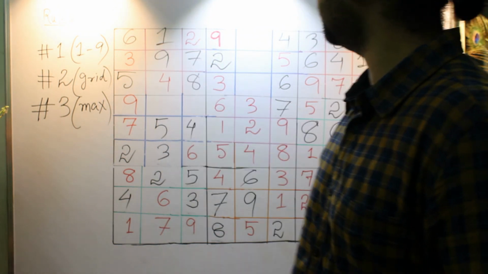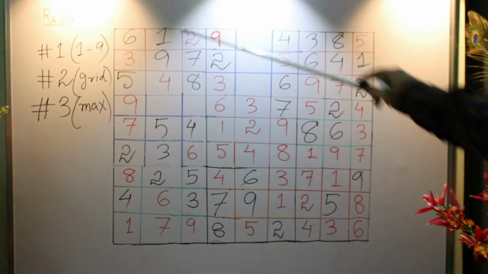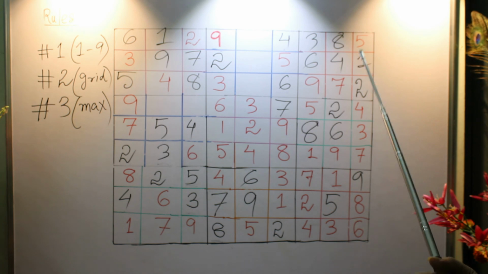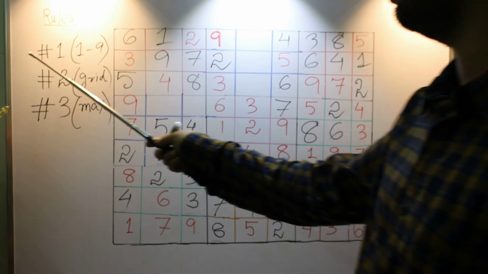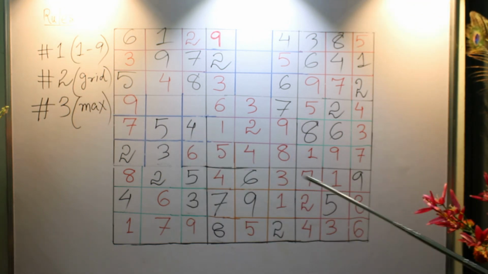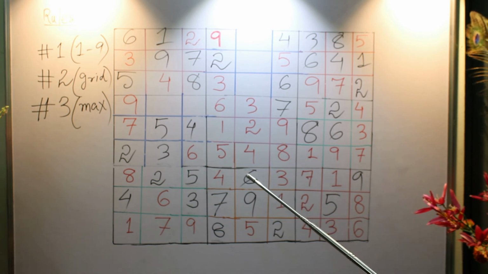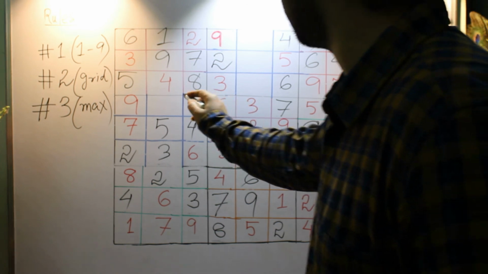Let's write here. Now for this column, maximum numbers have been filled. Now the only number which is to be filled as per rule number 1 is 8, right? Okay.